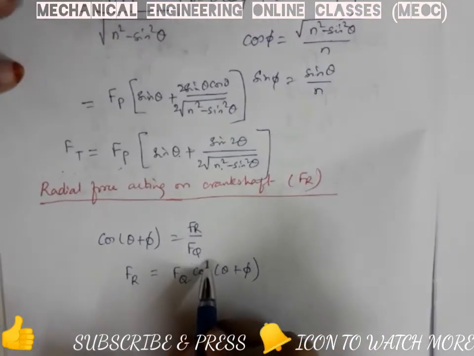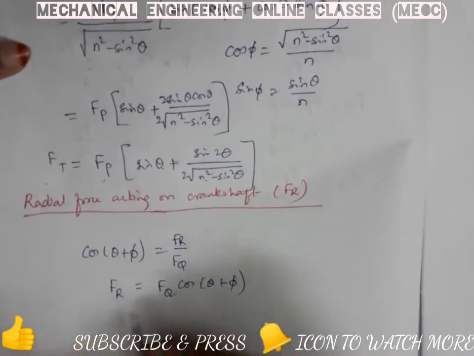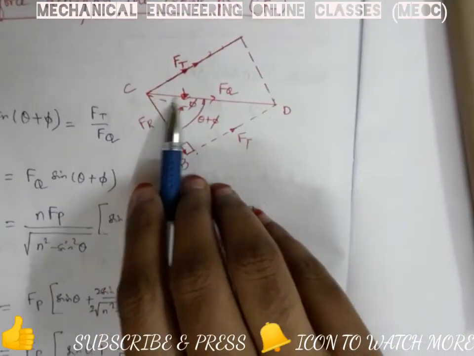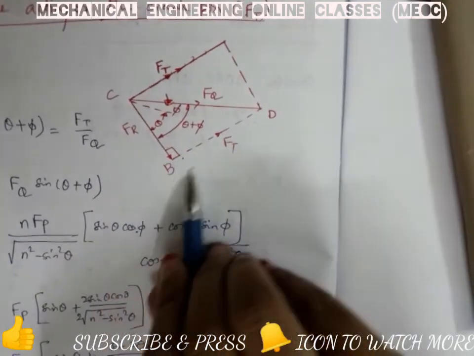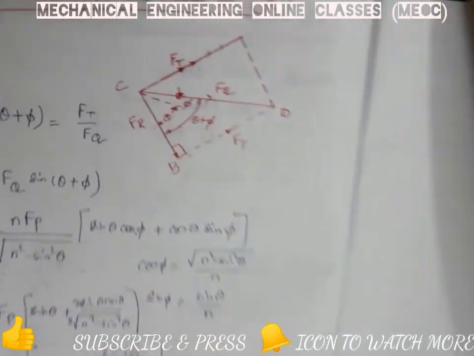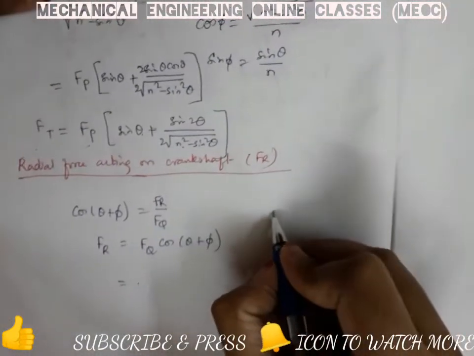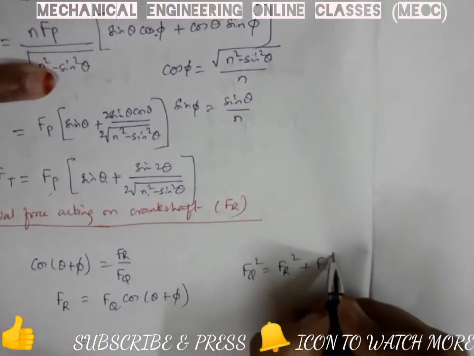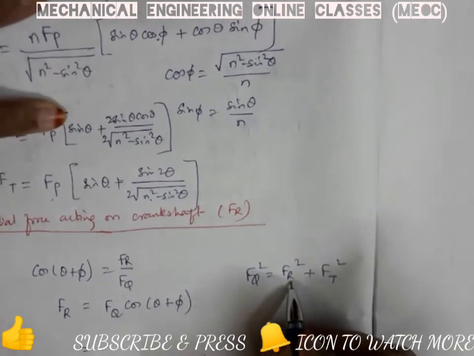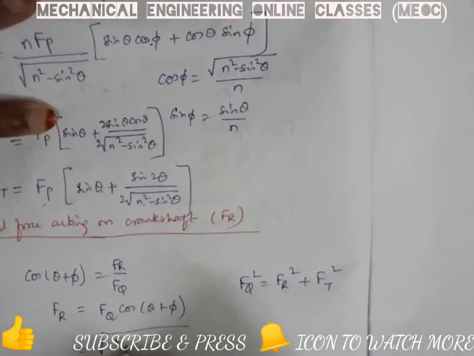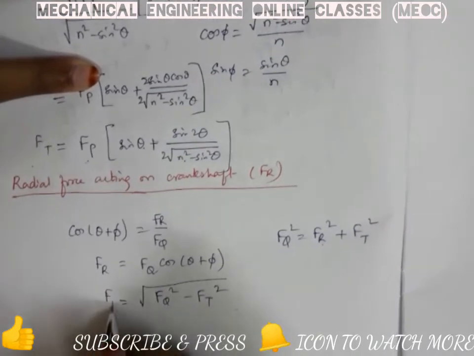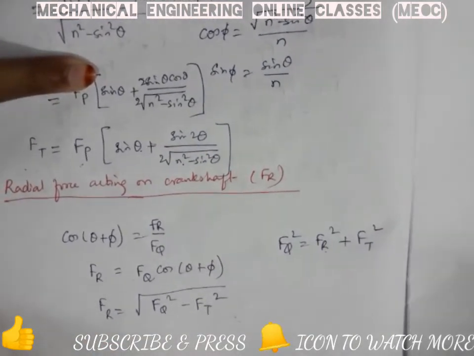Fq we have already found in terms of Fp, and also we know from this figure that Fq square is equal to Fr square plus Ft square. So therefore Fr is root over Fq square minus Ft square. So these are the two relations to find Fr, which is the radial force acting on the crankshaft.